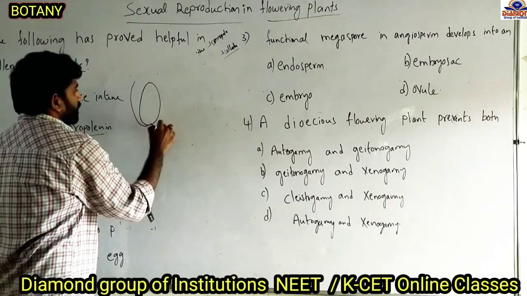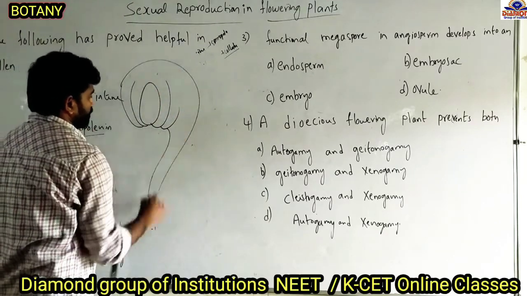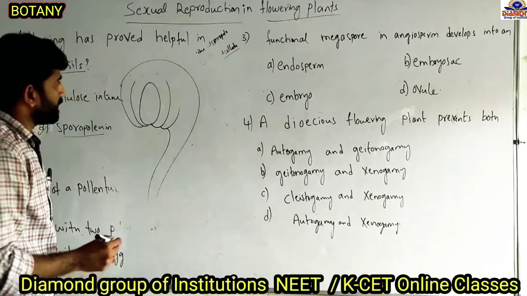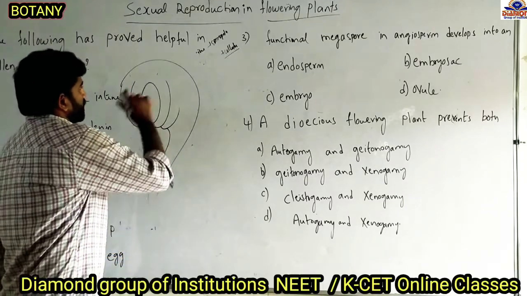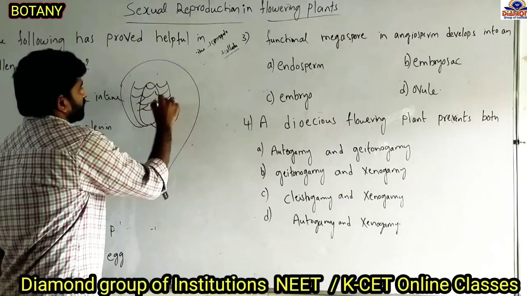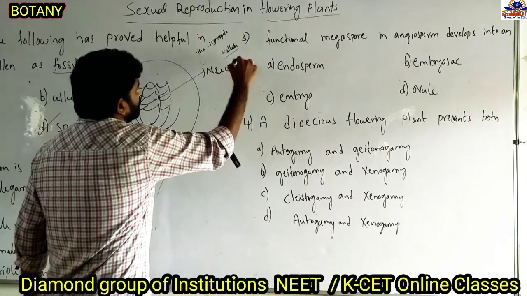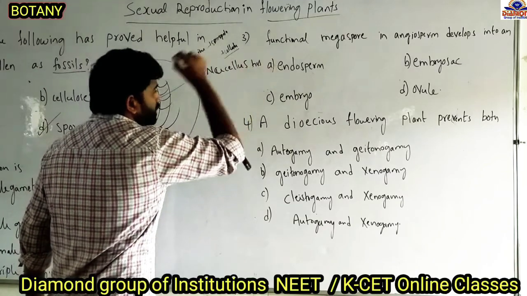Megasporangium we also call an ovule. So this is the megasporangium. The megasporangium is entirely filled with a specialized tissue called nucellus tissue.